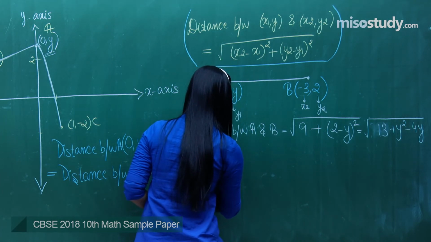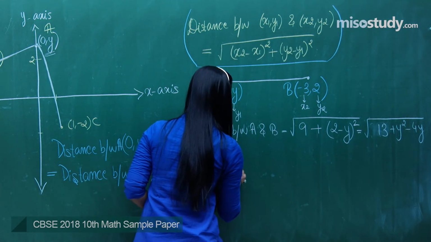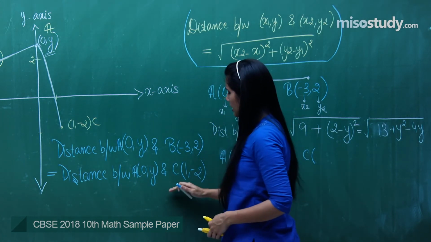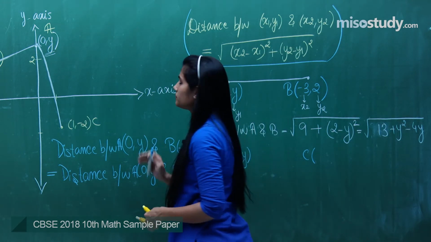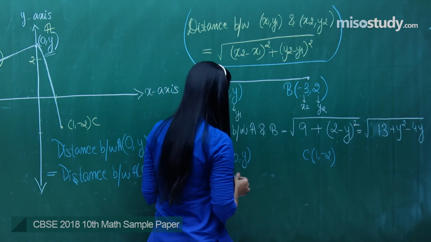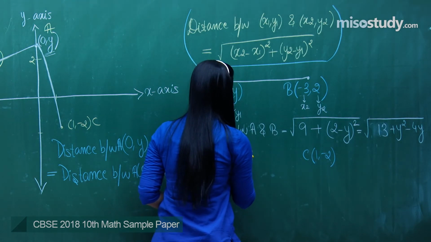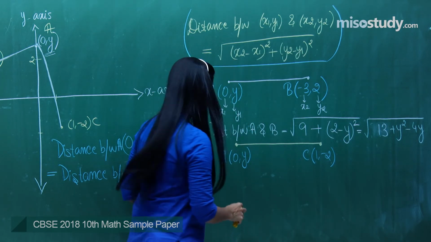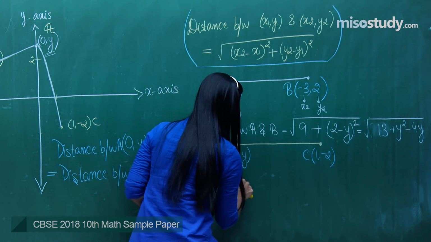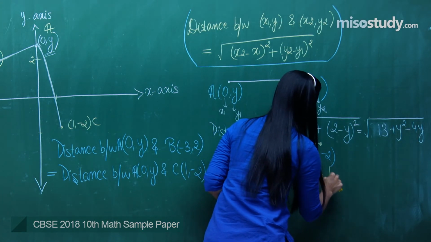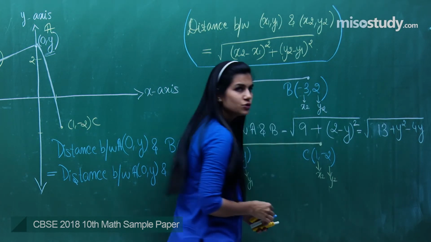Similarly, your point A is 0 comma y and your point C is 1 comma minus 2. Then in this case, what is the distance between these 2 points? So what you do, you take this as x1, y1, x2, y2.